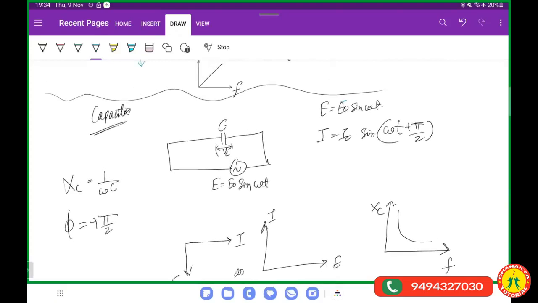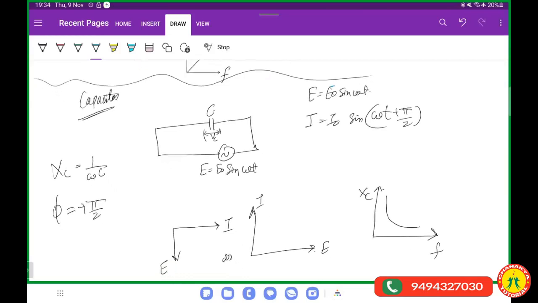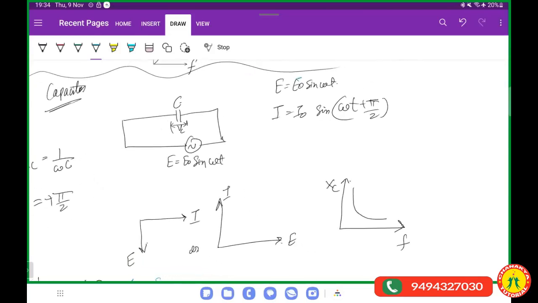For getting these values, we need to do all this integration and differentiation. That's why I'm skipping those things. But I can help you with that.